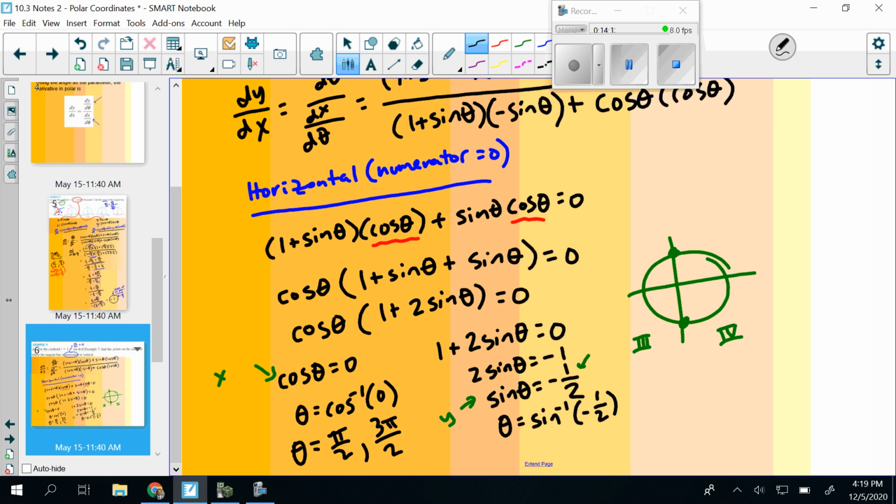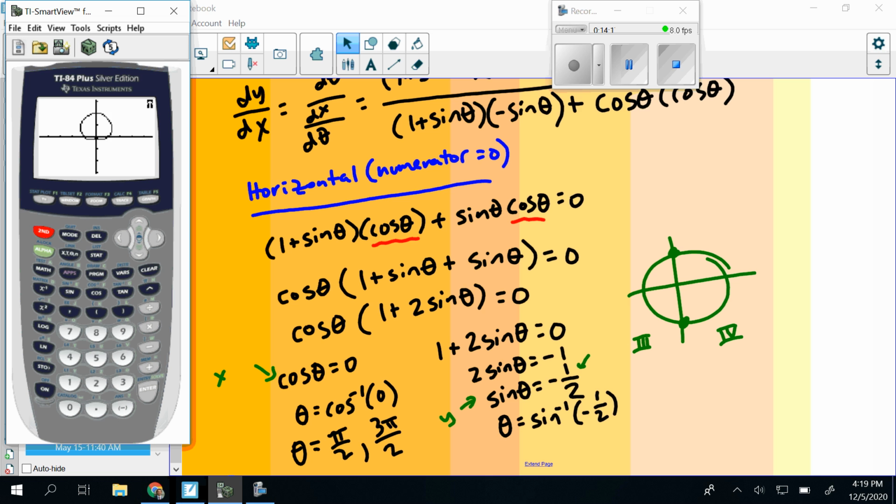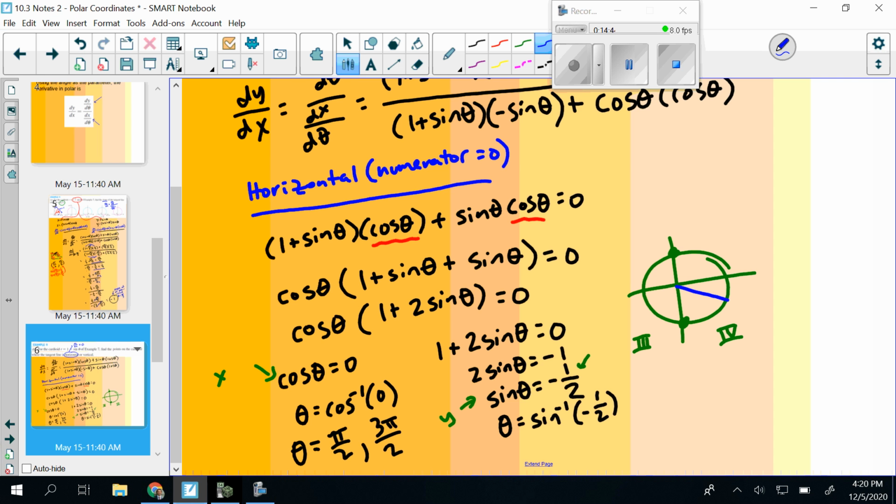And to get one of them, you could definitely use a calculator here. So let's use our calculator. Otherwise, if you didn't, you'd have to think of the right triangles in there. But if we do this, negative 0.5, we get that. Remember, pi is part of this, so I'm going to divide out the pi. And if I do this as a fraction, looks like negative pi over 6 is the angle, which is right here. This would be negative pi over 6.